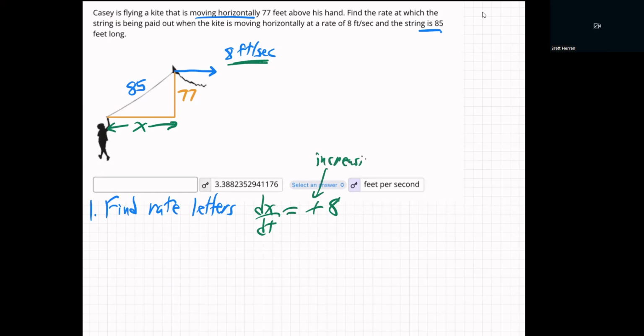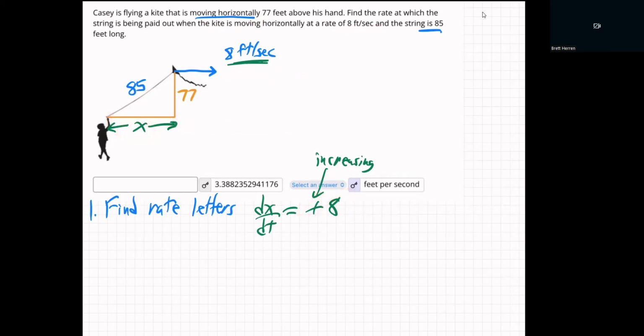We're assuming the kite is going away from him as he lets out string. As he lets out more and more string, the kite is moving horizontally. They said so. It's not going up or down. So that x, the distance from Casey to the kite horizontally, is increasing by 8 feet every second. It's getting further and further away from him. So that's the first one they mentioned.